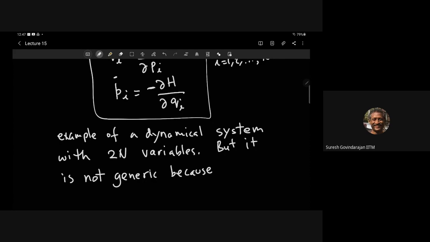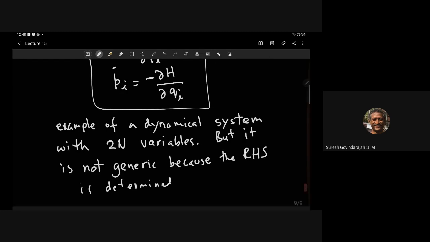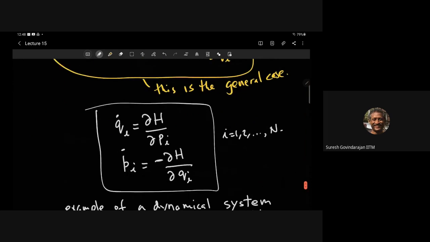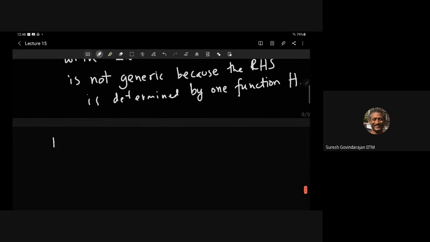You can write many complicated things because the RHS is determined by one function, the Hamiltonian. Okay. So this is not the most arbitrary guy. So remember I told you earlier when we were discussing dynamical systems, things which permit a Legendre or Hamiltonian formulation are a very, very small corner, very, very special. Okay.